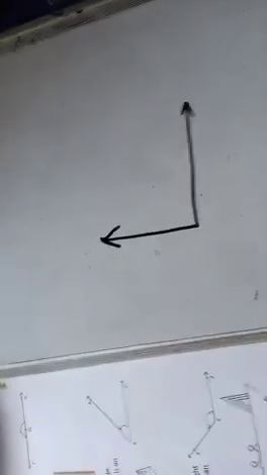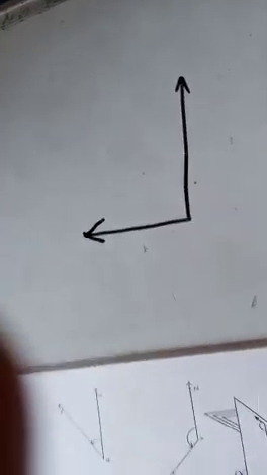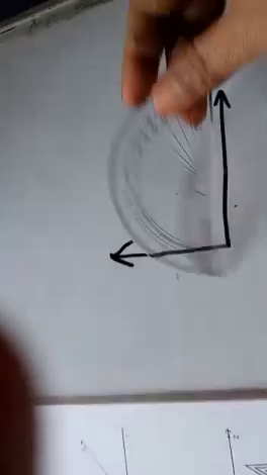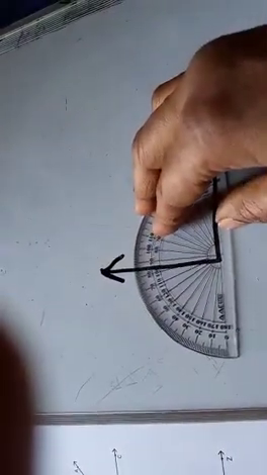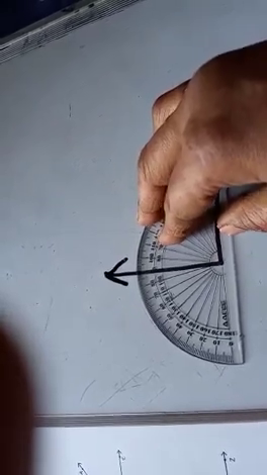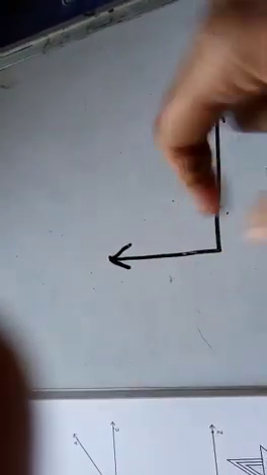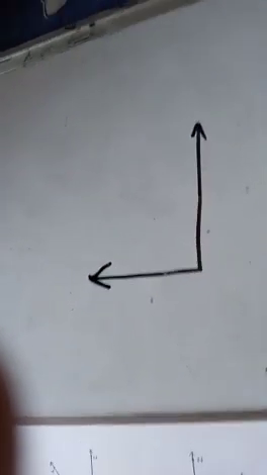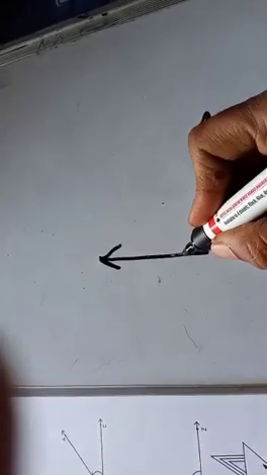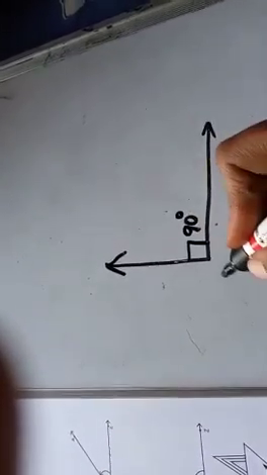Now I am going to measure the angle. Put this point at the baseline. Yes. What is the angle here? 90. So whenever they are like an L shape, they are called perpendicular. So the angle formed here is 90 degrees.